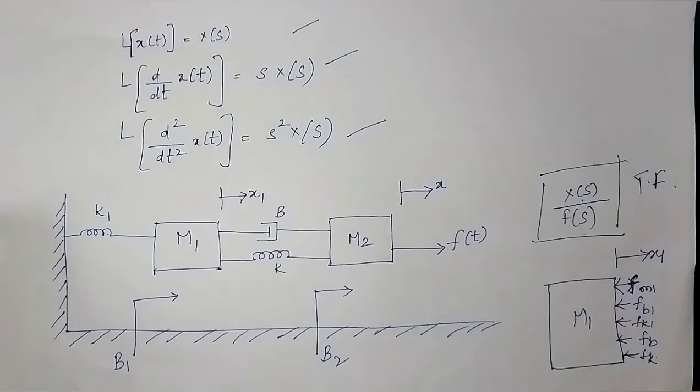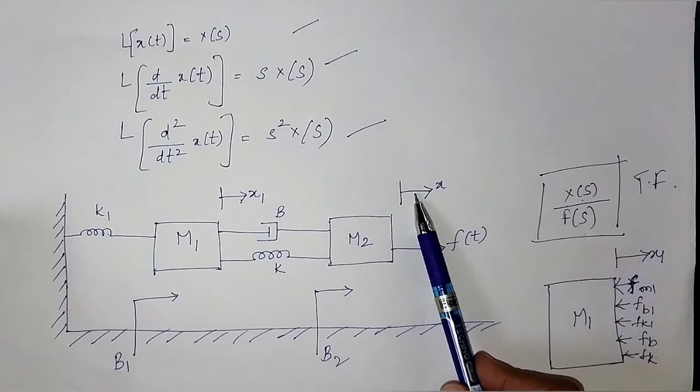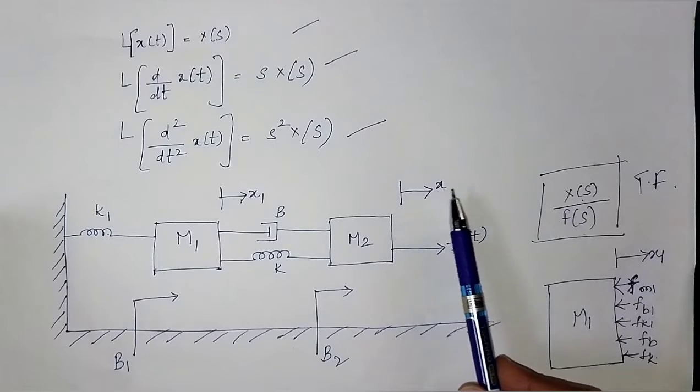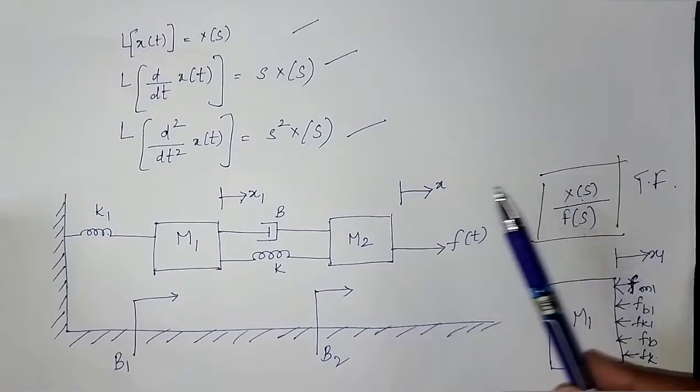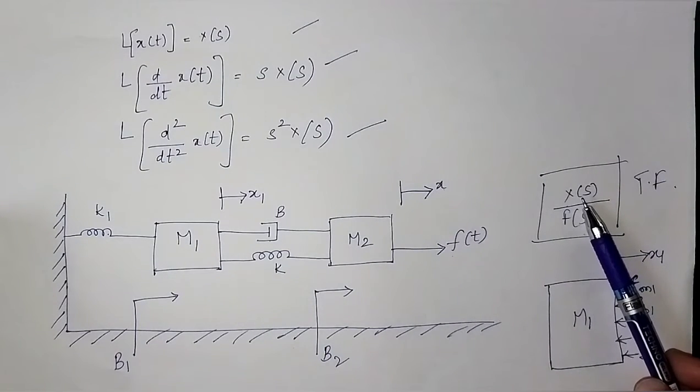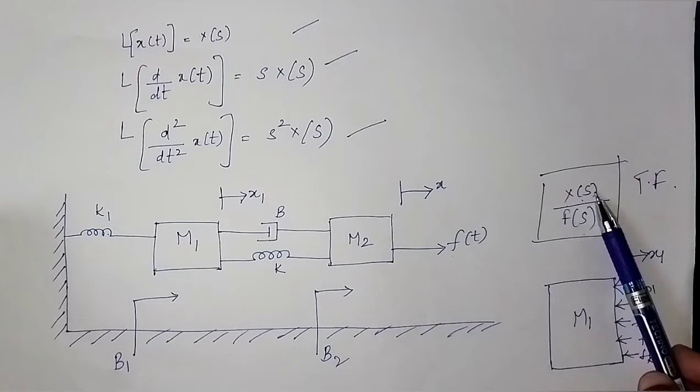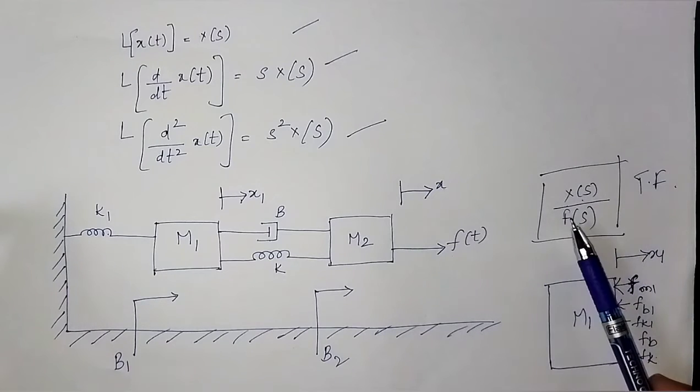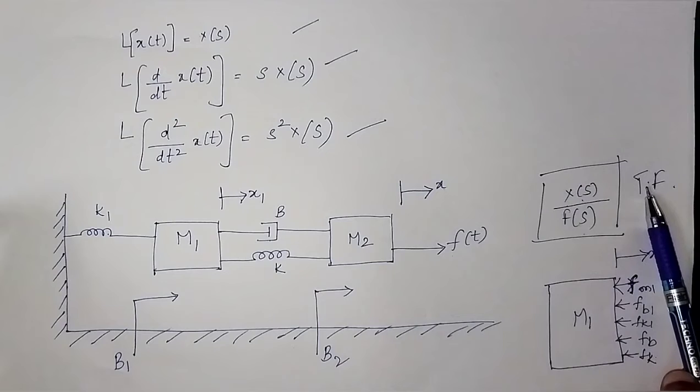Now, in this particular problem, as you can see, the initial input on this node is f of t, the force, where the output is x. So on the whole system, the final output in the Laplace domain is X of s, and X of s by the initial input F of s will give us the transfer function.